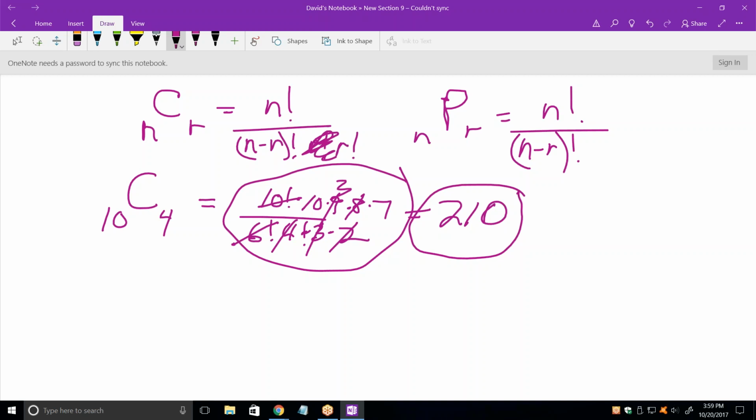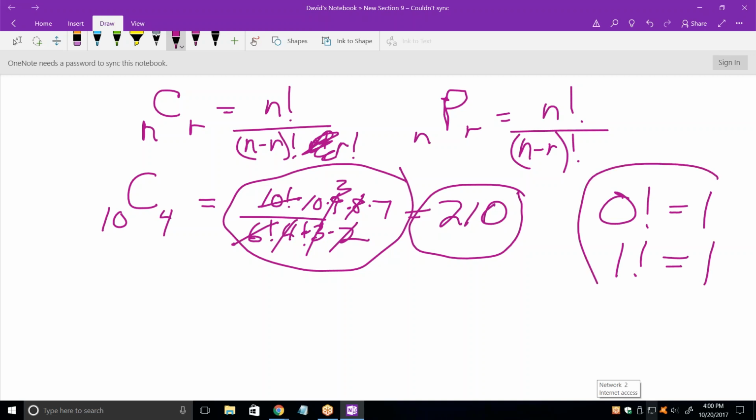Okay. Now, there are some standards. 0 factorial is equal to 1. 1 factorial is also equal to 1. Wait a minute. That's not intuitive. Why is 0 factorial equal to 1? Good question. I don't know.